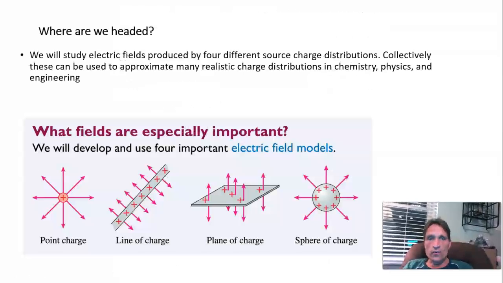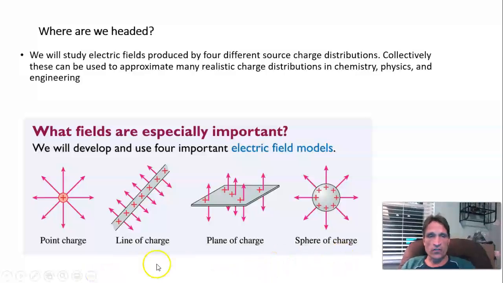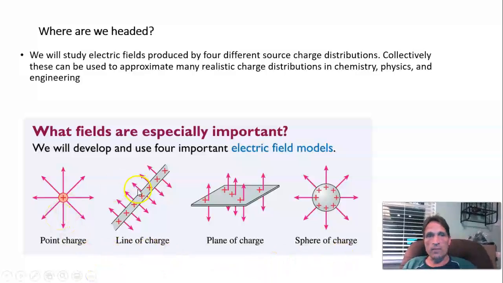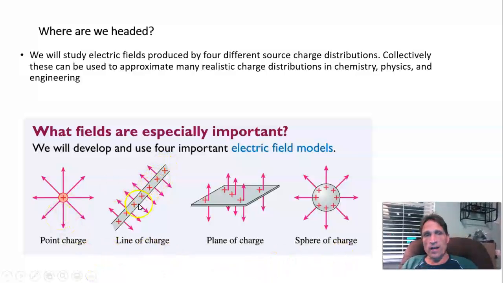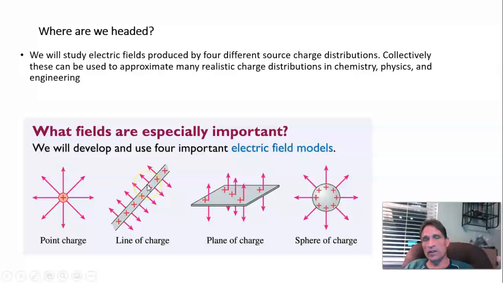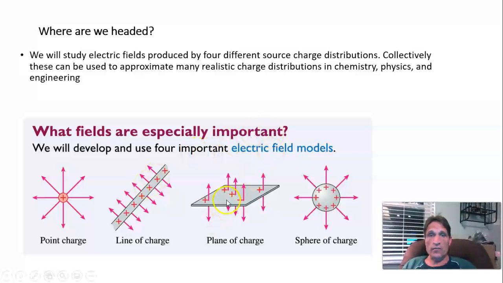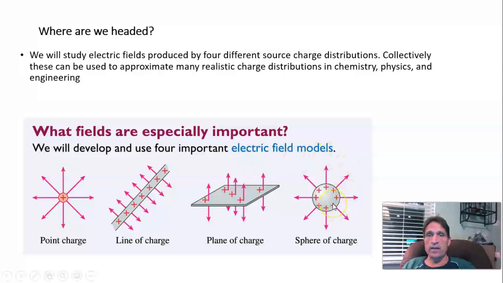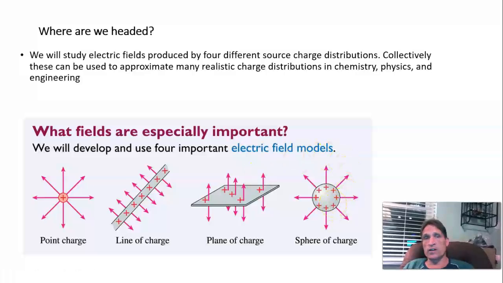So we're going to study a few simple models where we know the answer. We're going to develop expressions for the electric field of a point charge, which we already did; the electric field of a line of charge, which will simulate a current carrying wire; the electric field of a plane of charge, which will simulate a component called a capacitor, which we deal with in electronics; and the electric field of a sphere of charge.